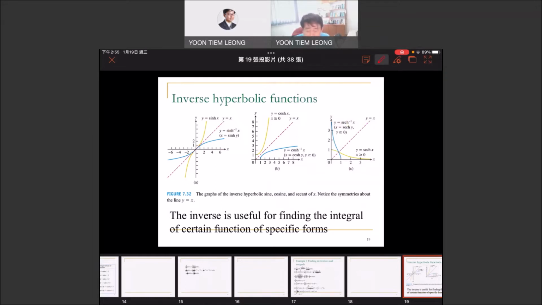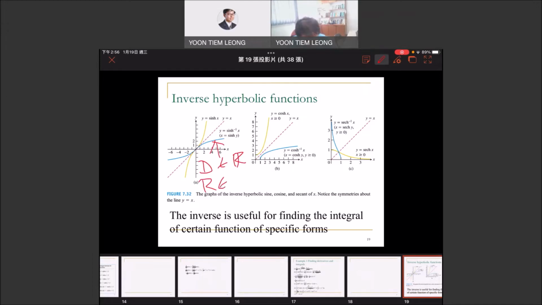From this simple reflection about the line y equals x, you can realize the domain and range of the inverse hyperbolic sine function. It is obvious that the domain of the inverse hyperbolic sine function includes all real numbers, whereas the range is, I think, not limited either.